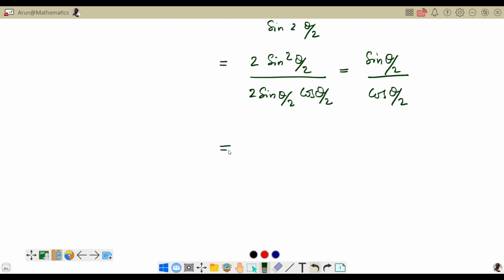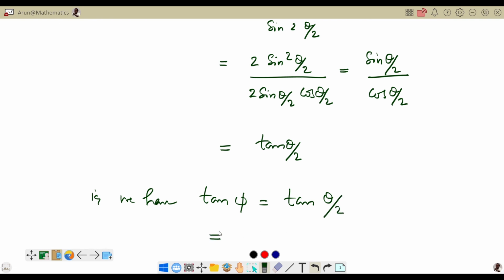This is equal to tan theta by 2. That is, we have tan phi is equal to tan theta by 2. So this implies phi equal to theta by 2. So this solves that problem.